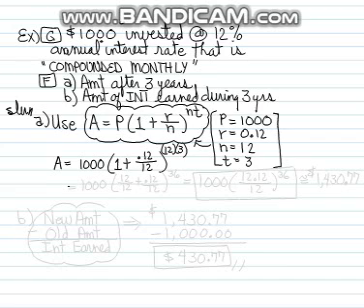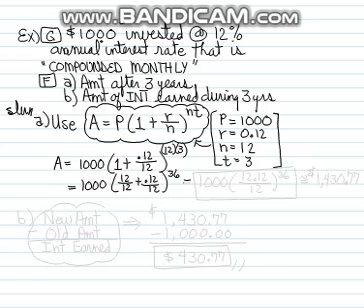Let's simplify this. That's 1,000, and then let's change 1, the number 1, with a common denominator, 12 over 12, plus 0.12 over 12, raised to the 3 times 12, which is 36 months. Number of periods per year times 3.